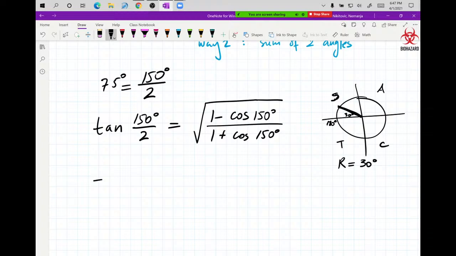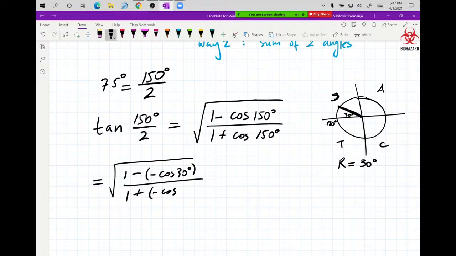So this is equal to the square root of 1 minus negative cosine of 30 degrees over 1 plus negative cosine 30 degrees. Because, again, the reference angle in the second quadrant for cosine is 30, because 150 plus 30 is 180.